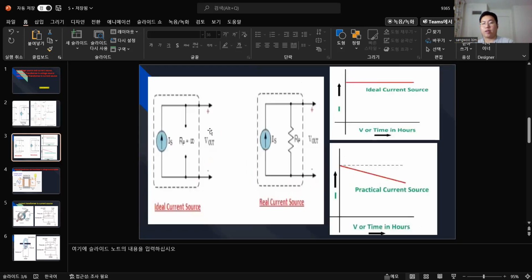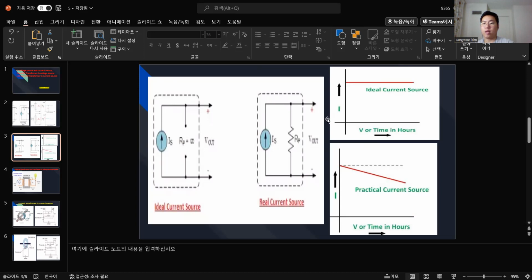So here, for a current source system, the resistance inside the current source is infinity. So that's why the current cannot flow into the inside of the current source system. You know what I mean?